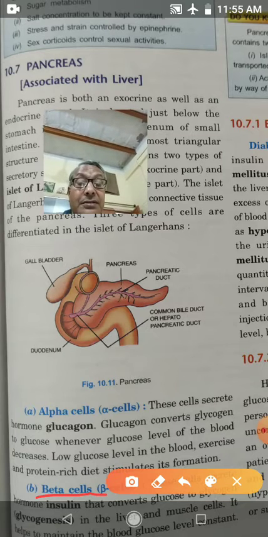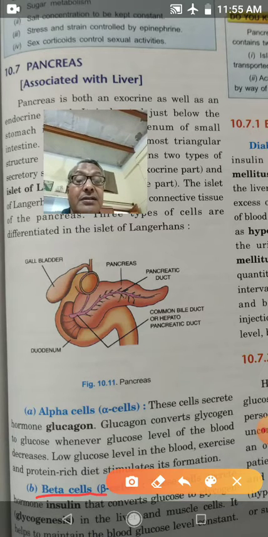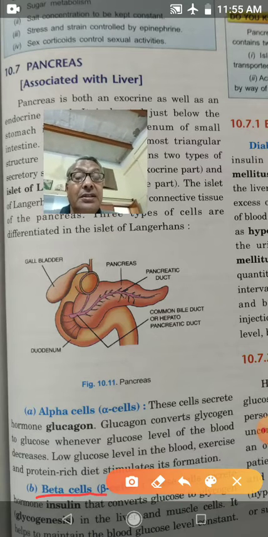When there is a low level of glucose in the blood, when the level of glucose in the blood decreases, then glycogen is converted into glucose by glucagon. So in this way it increases the level of glucose in the blood.